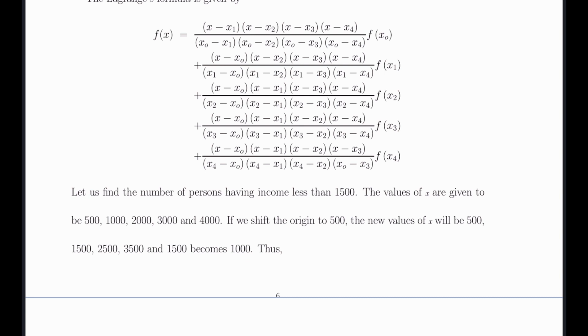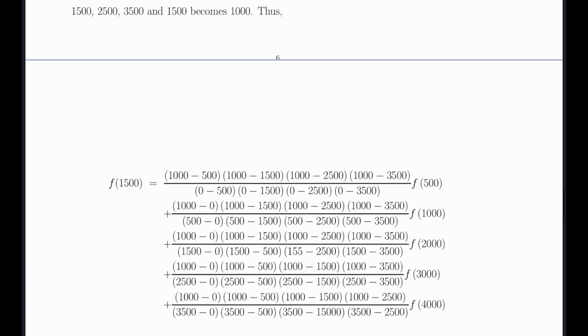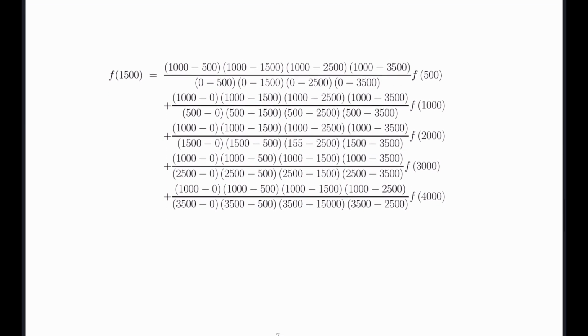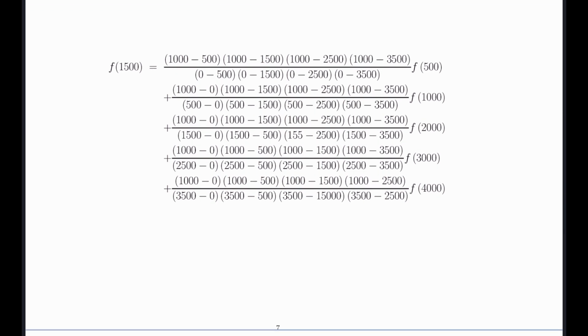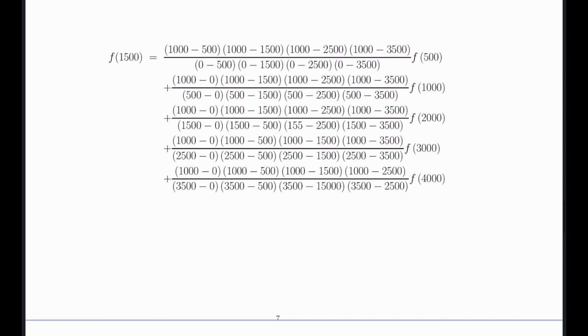Thus, put the values here in this equation. This has been shown here clearly. The values of F500, F1000, F2000, F3000, F4000 have been calculated by us using cumulative frequency. Put the values here and try to solve it.